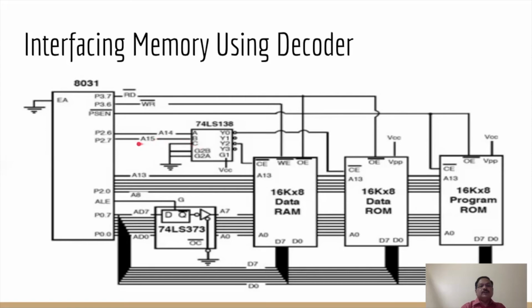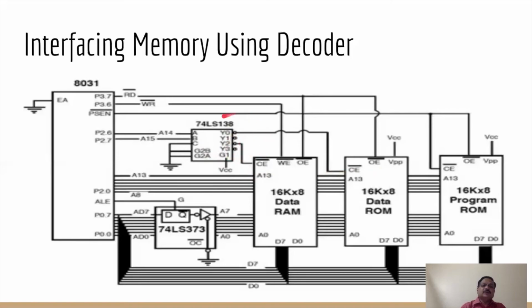So whenever this 15 line is 1 and this is 0 and this is 0, then only the Y2 output will go low and the chip will be selected, right? You can use any output between Y0 to Y7 for chip select. Like that, total 8 chip select outputs you will get from 74LS138, right? Maximum 8 chip select signals you may obtain from one 3 to 8 decoder. If you need more, you need one more decoder, right?